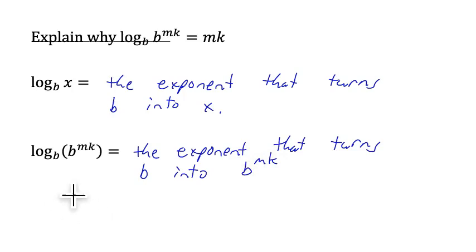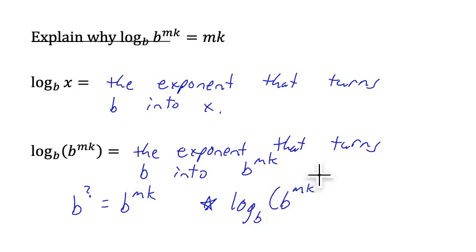Or in other words, it's just saying b to what power equals b to the mk. So to summarize here, log base b of b to the mk power, that just equals m times k. We'll be using that shortly.